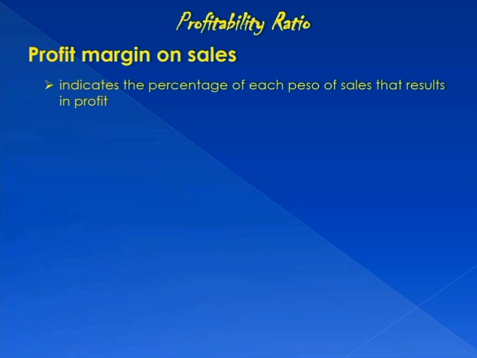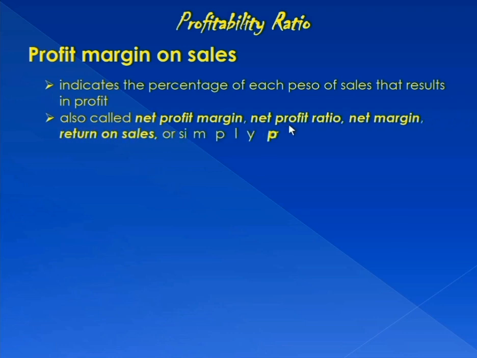Please be well aware that the term profit margin here refers to the bottom line in the income statement, which is the net profit, not the gross profit nor the operating profit. In fact, profit margin on sales is also called net profit margin, net profit ratio, and net margin.